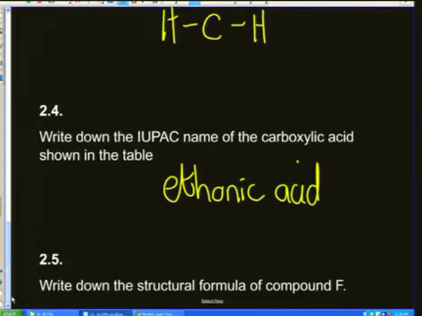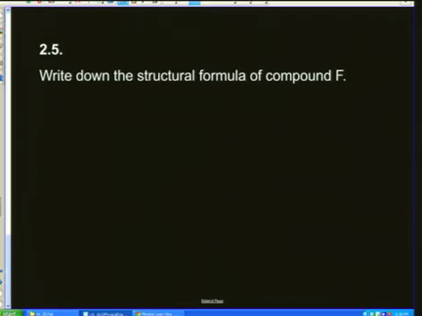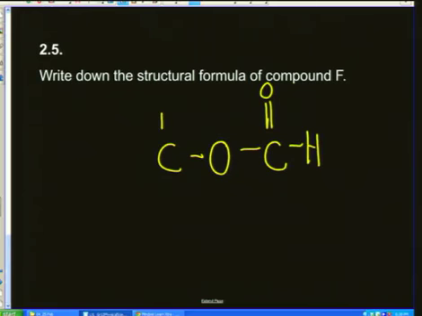We like that one because it's actually the easiest out of all the esters. Methyl, 1 carbon, methanoate, 1 carbon, double bond oxygen, hydrogen, hydrogen, hydrogen, hydrogen. Really not so bad.